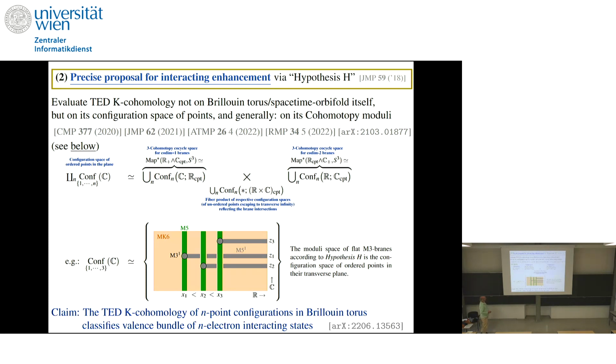So back to the solid state physics, the claim is that if you take the K-cohomology of n-point configurations in the Brillouin torus instead of the Brillouin torus itself, then that classifies the valence bundle of interacting electrons in the approximation where we keep track of n interacting electrons. And in there, then, you find the topological order.